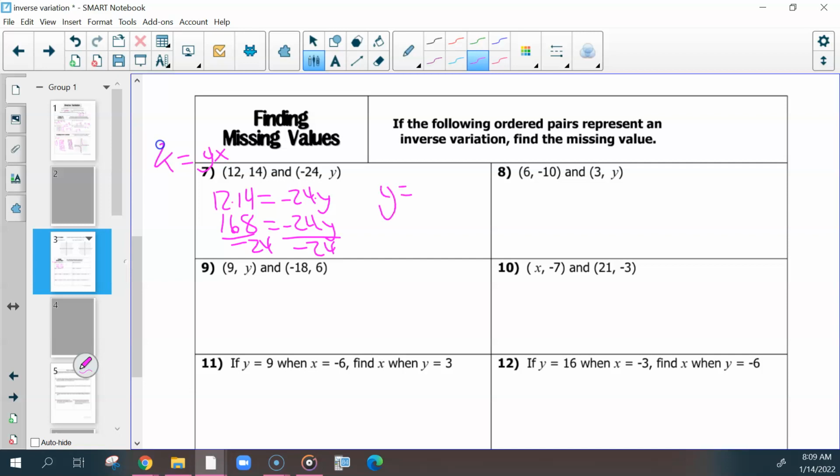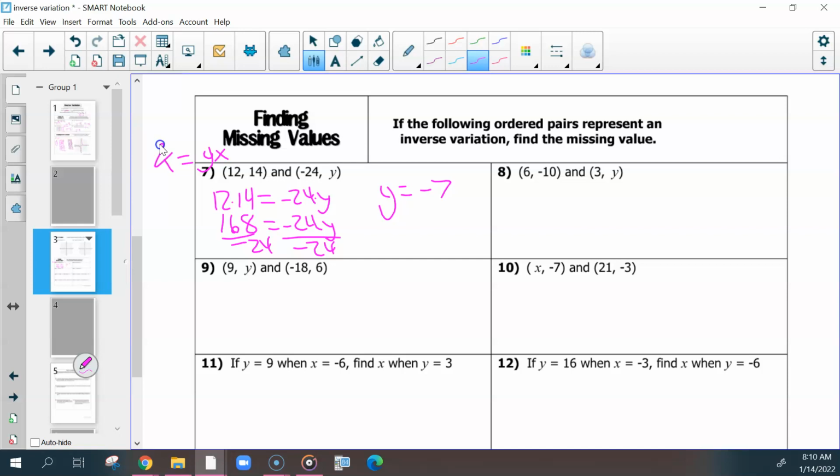So y would be negative 7. If I go back and double check this side, I already know what my constant k is here is 168 because I multiplied 12 and 14. If I multiply negative 24 by negative 7, I should get positive 168 as well. I do. So you could set it up as an equation and find the missing value that way.